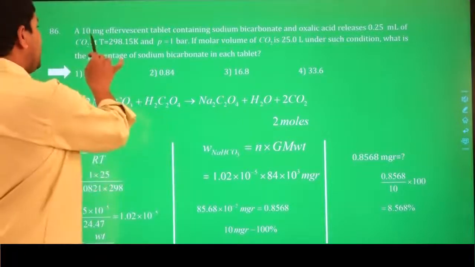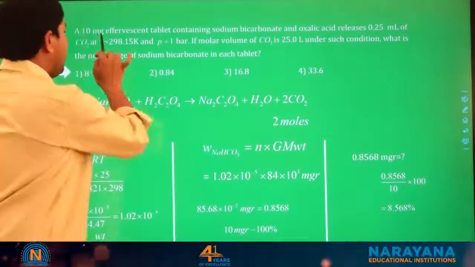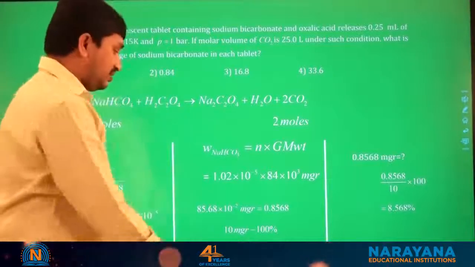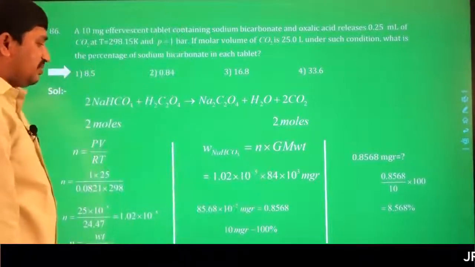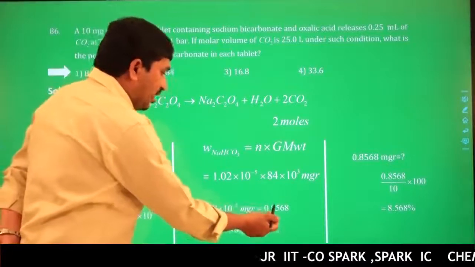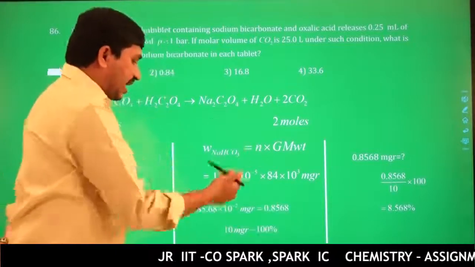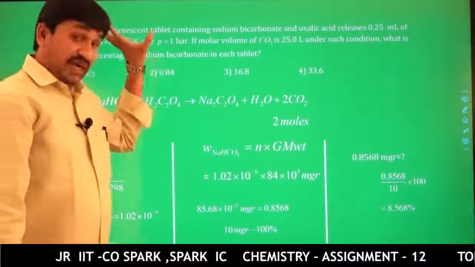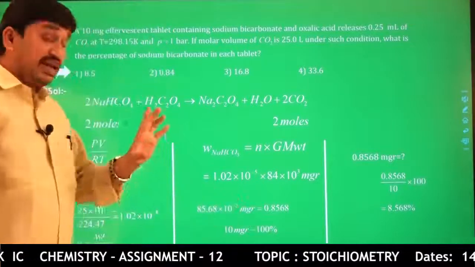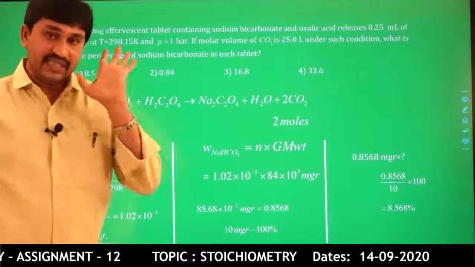That value is in grams, but we need to represent it in milligrams. 1 gram is equal to 10 power 3 milligrams, so into 10 power 3. Then you simplify and get the answer 0.8568 milligrams. That means for the given tablet, 0.8568 milligrams of sodium bicarbonate is present.